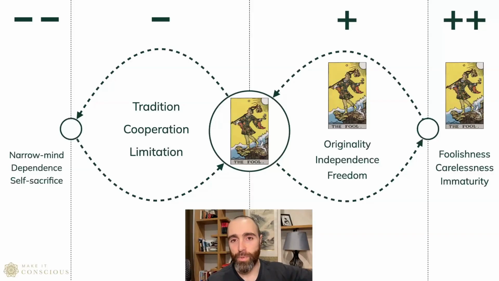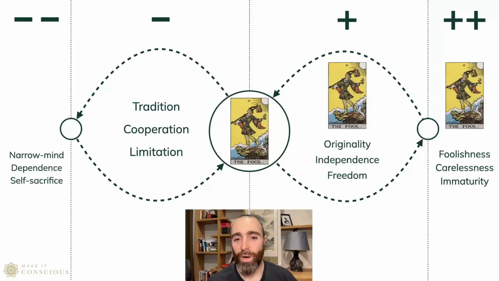It cannot exist, because limitation is the product of freedom. It's contained within it. So foolishness, leading us into all kinds of unbearable struggles, carelessness, leading to situations we'd rather avoid if we had the wisdom going in, and of course immaturity. So the lack of development of this energy.